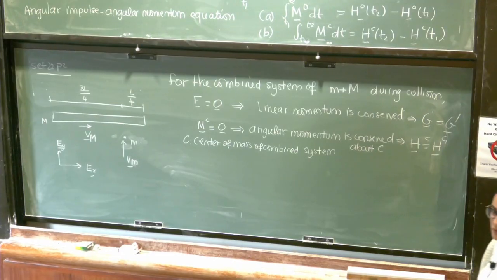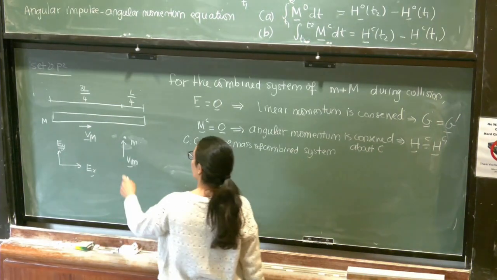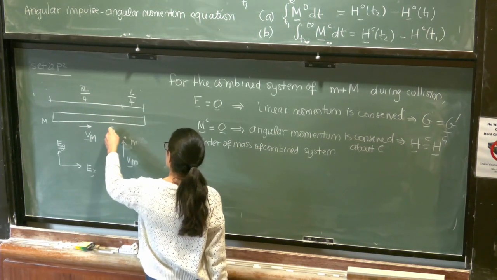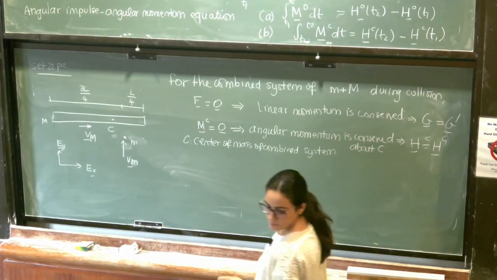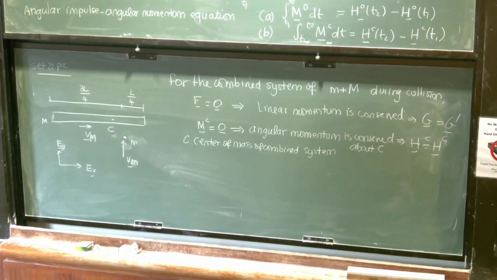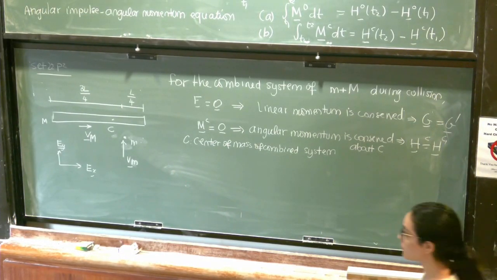So C is the center of mass of the combined system. I think it might be a good idea to add a rotational basis here.